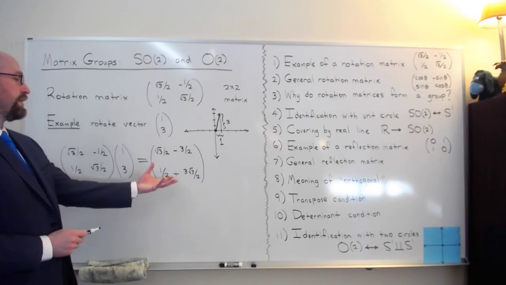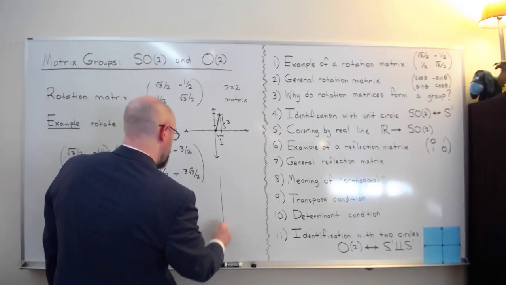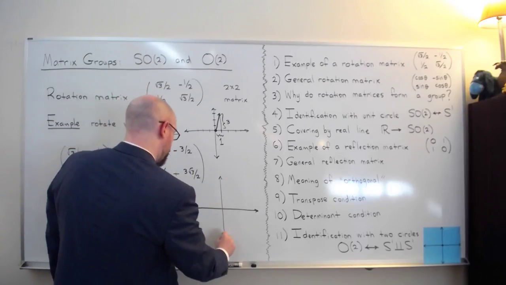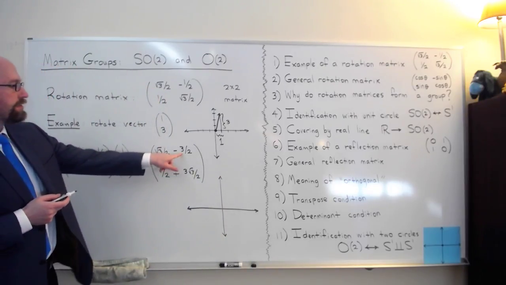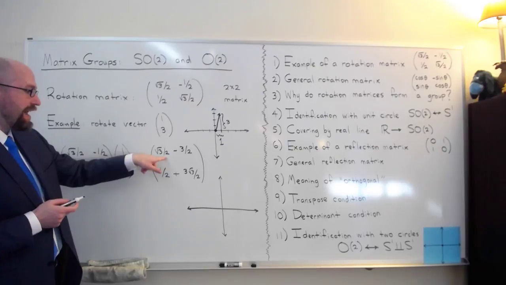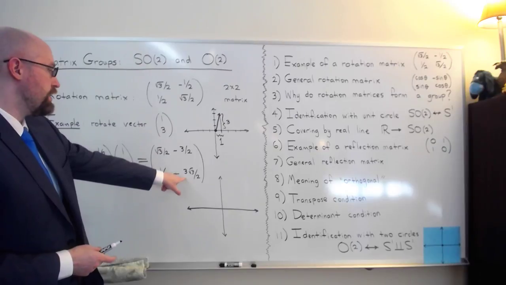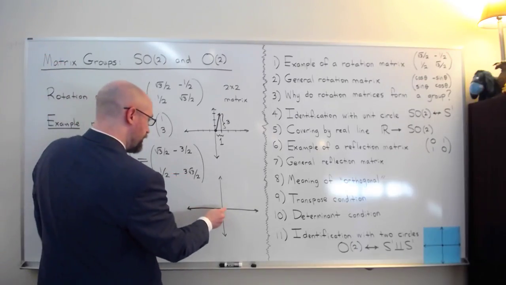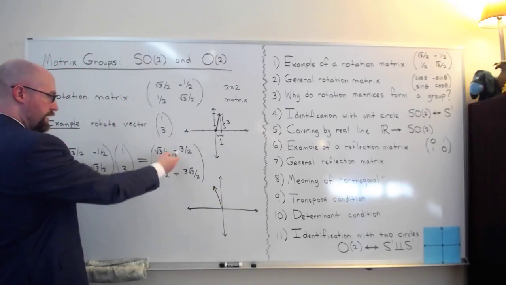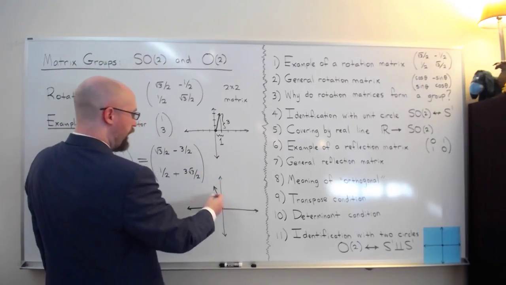Now, it's not obvious from these numbers that the rotation is exactly 30 degrees, but it's at least believable that that's what it comes out to be. Because you can see 3 over 2 is bigger than square root of 3 over 2. So this minus here will make this a negative amount, but not a very large negative amount. And then you have this amount here, whatever this is. And so this is going to come out looking something like this. It's going to be slightly negative in this direction, and then it's going to be mostly going up here. So once again, you see that sort of rotation.